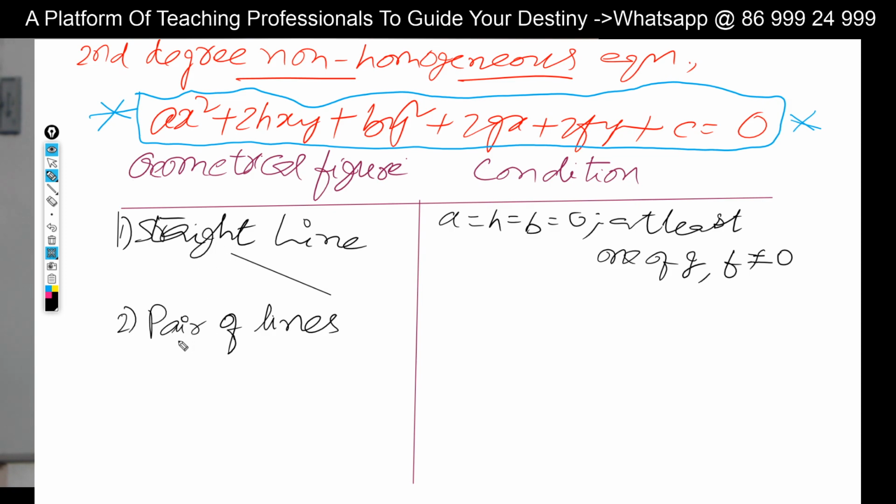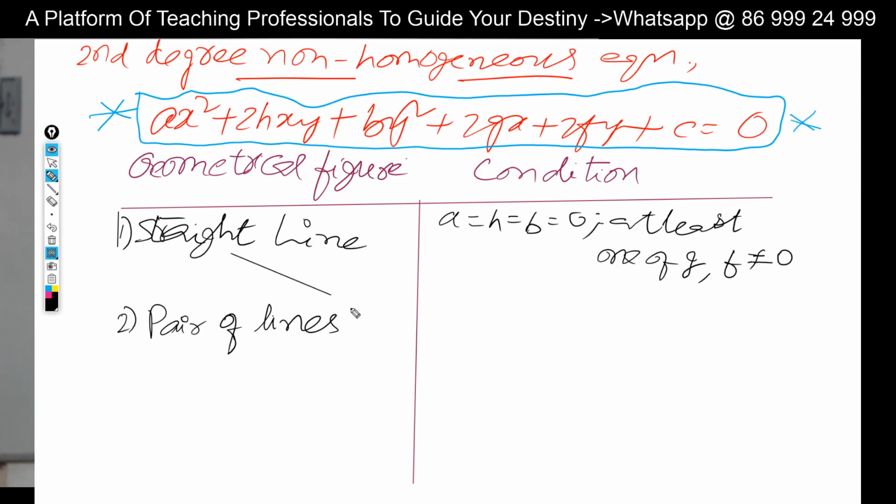Because pair is meant for two. That is why questions may come on pair of lines, but the formula related to pair of lines will not be there. In JEE Main or JEE Advanced such questions will not be asked, because if you verify the syllabus of JEE Main or Advanced, you don't have pair of straight lines.